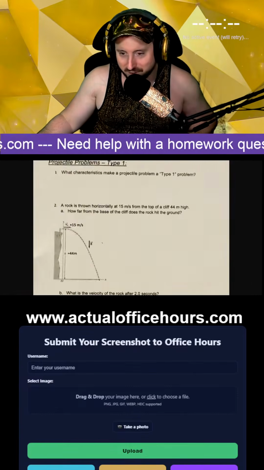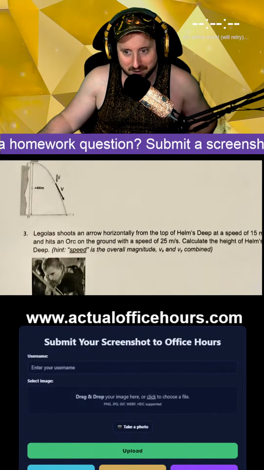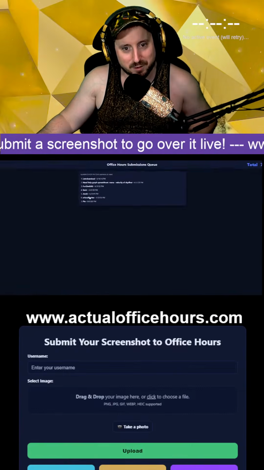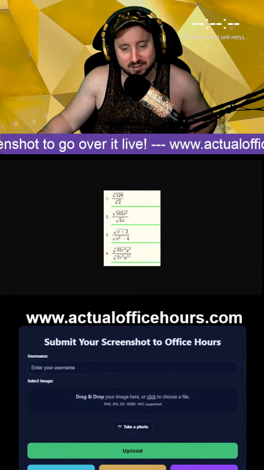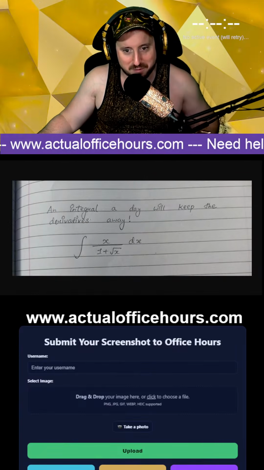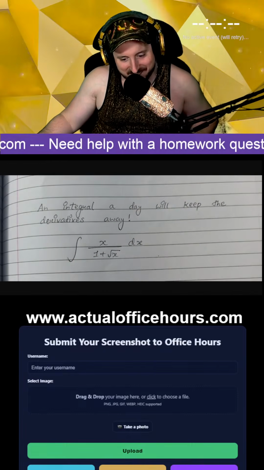I love that they're talking about Helm's Deep here at the bottom. Legolas shoots an arrow. This is cool. Hecker had some good ones with that, and then pi. An integral day will keep the derivatives away. Oh, I don't know how to do this one.